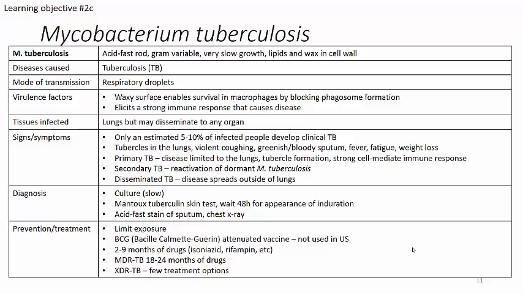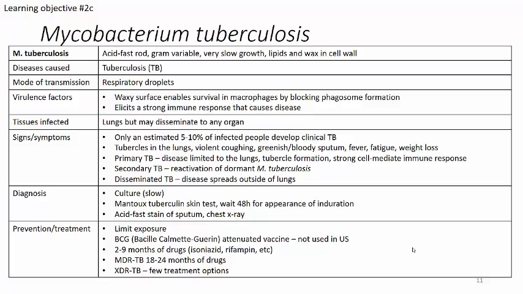Prevention and treatment is to limit exposure, so people who have TB are unable to go out into public spaces because they can cough and spread the disease. There is a vaccine that is not used in the United States, mostly because we like to be able to track exposure to TB, which is hard to do if everyone's vaccinated.